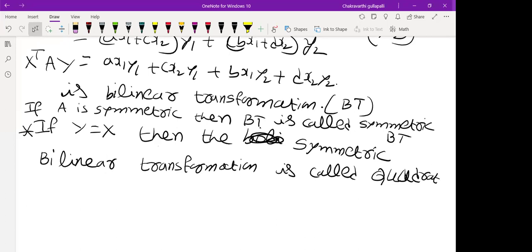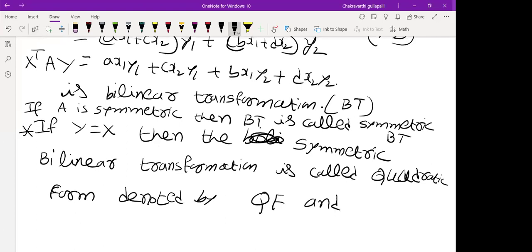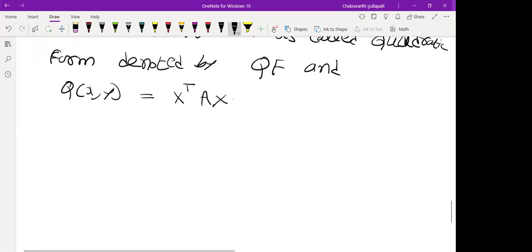So this is the relation between bilinear transformation and the quadratic form, denoted by QF and symbolically denoted by Q of x, y is equal to X transpose AX. What is X? X comma Y. A is symmetric.